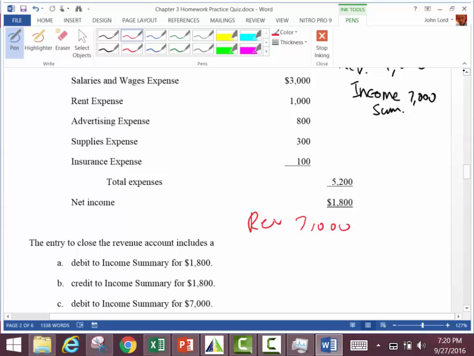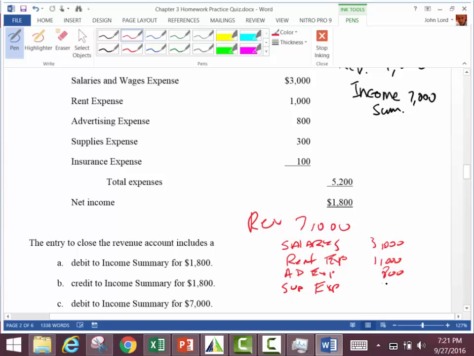Okay. I'm going to credit that for what? 3,000. Then I've got rent expense, and I'm going to credit that for 1,000. I've got ad expense for 800. Good. I've got supplies expense for 300.